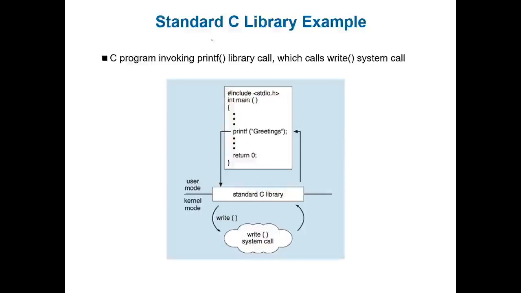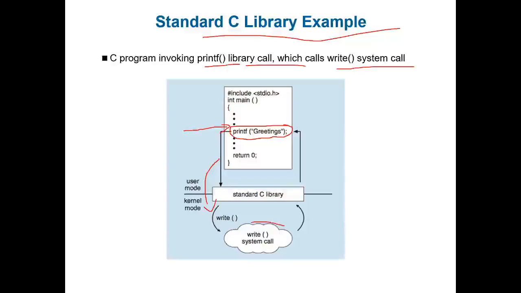See another example, the standard C library example. A C program invoking the printf library call, which calls the write system call. When you write your program, you use printf to print something on the screen, but actually it is nothing but the write system call. From user mode you execute that, then the request goes to kernel mode, which finds the API of the write system call, and it returns the value to the program.